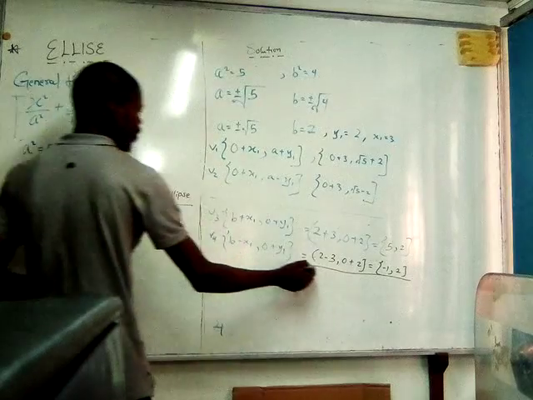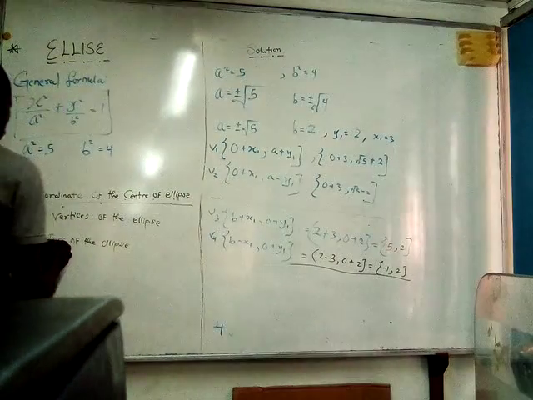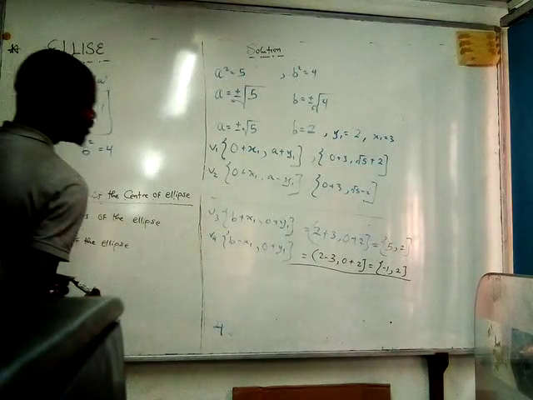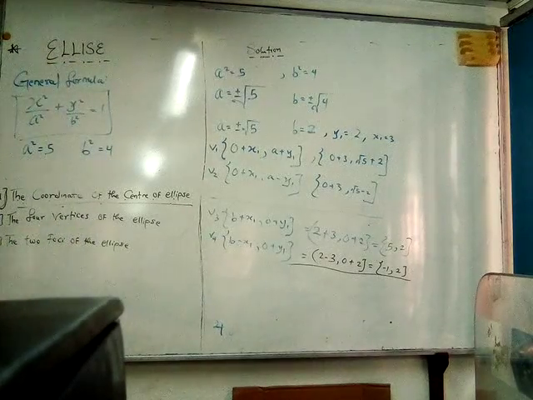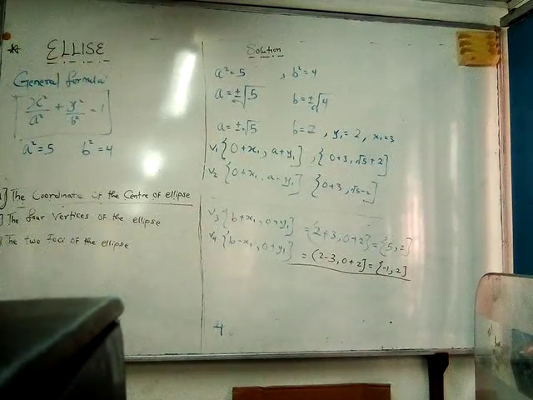That is our four vertices of the ellipse.